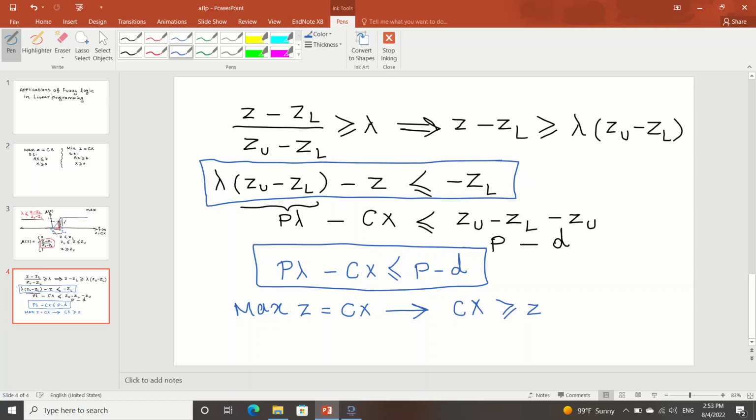Cx is greater than Z. This is at least equal to Z.